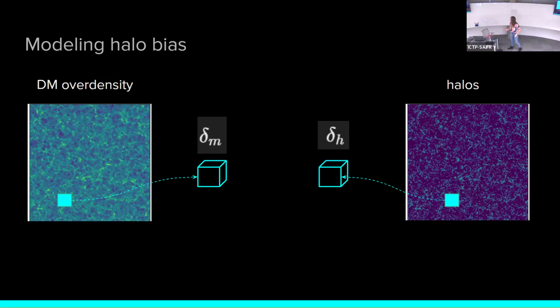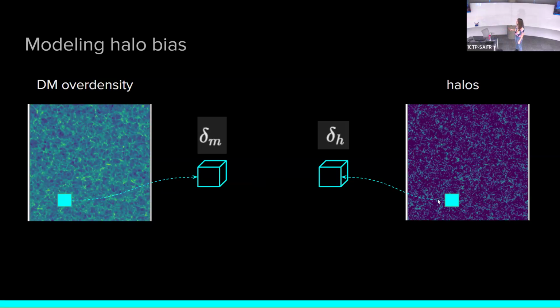The way we're doing this now is the following. In order to build my halo density field, I want to predict the number of halos in each of these cells, in each of these boxes. Then I do this for each one, and build the grid again.